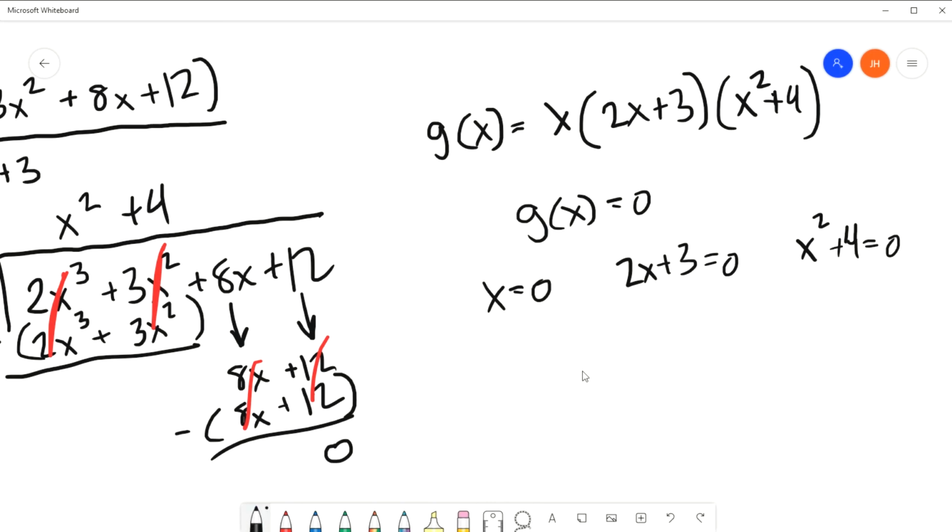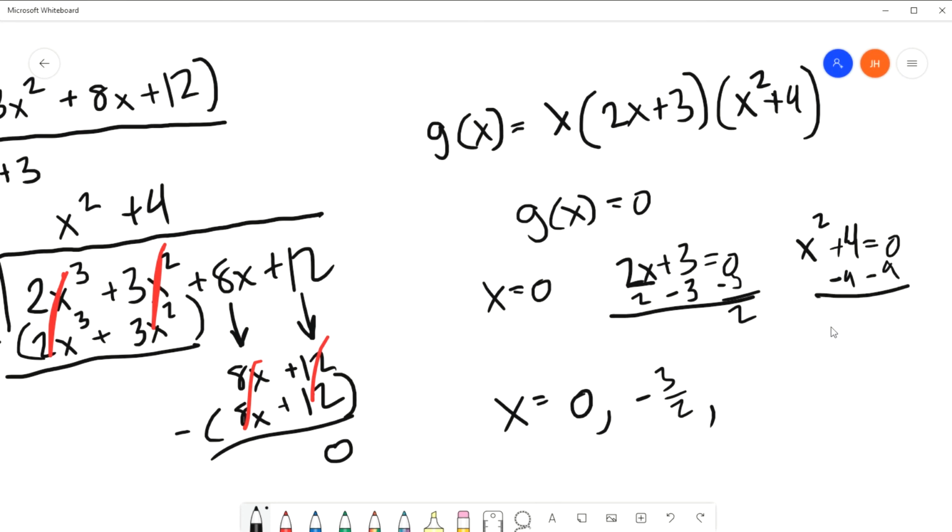So solving these, the solutions to g of x are 0. This one I would subtract 3 from both sides and divide by 2 to get negative 3 halves. And over here, I would subtract 4 from both sides. x squared equals negative 4. Square root it.